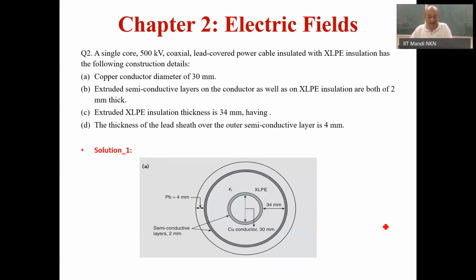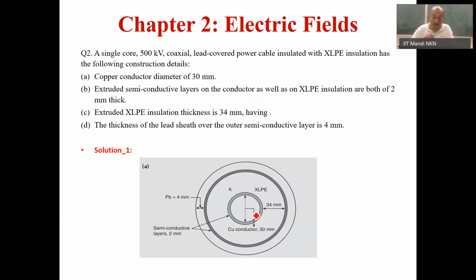Yeah, here's the diagram. As you see, the first answer to the first question is the diagram. This is the copper conductor, 30 millimeter in diameter, in the middle. Over the conductor, a 2 millimeter thickness semiconductive layer is given.